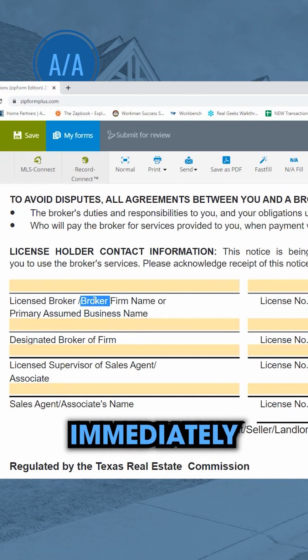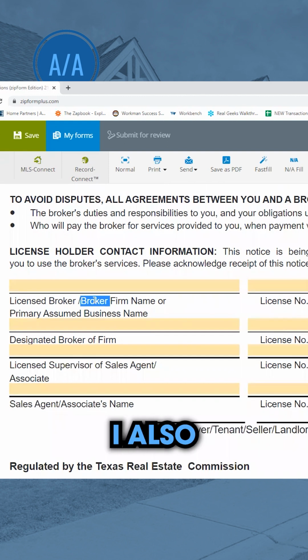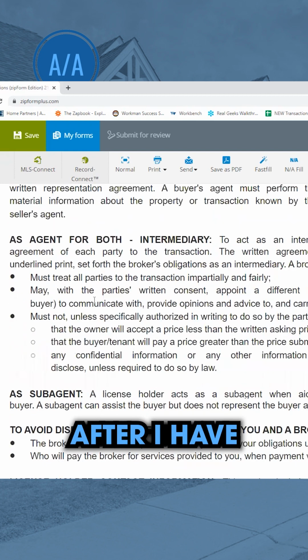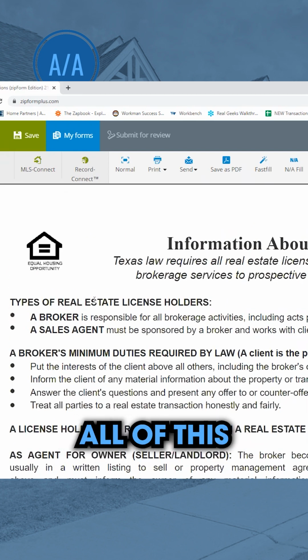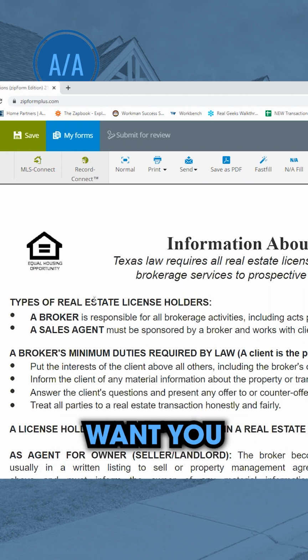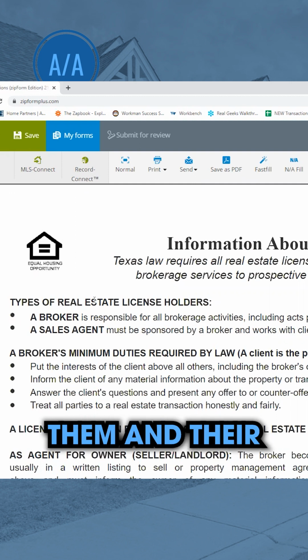Of course, immediately after going into this information, I also provide them with the consumer protection notice as well as the buyer representation agreement. But generally speaking, after I have gone over all of this information, my potential clients, my customers, generally at that point decide they would love to be a client because they really want you to represent them and their best interest in the transaction.